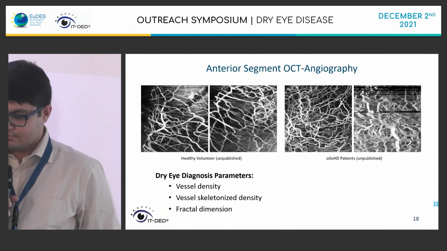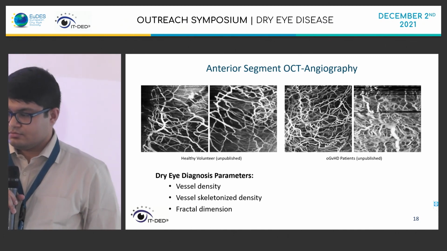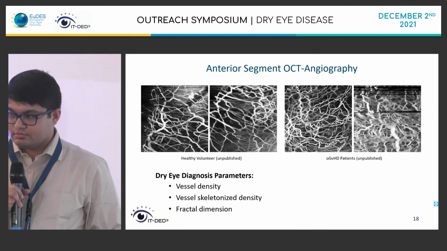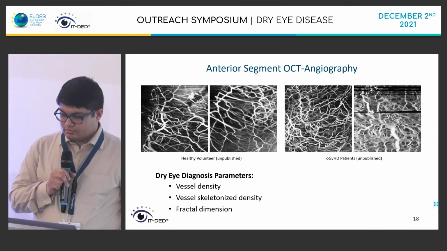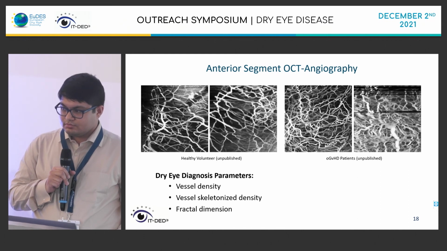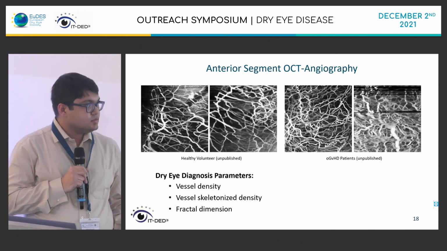I was surprised from the very beginning by the very high density of vessels we can observe, compared to what we observe with the slit lamp, for the same volume or surface. This is a good example.